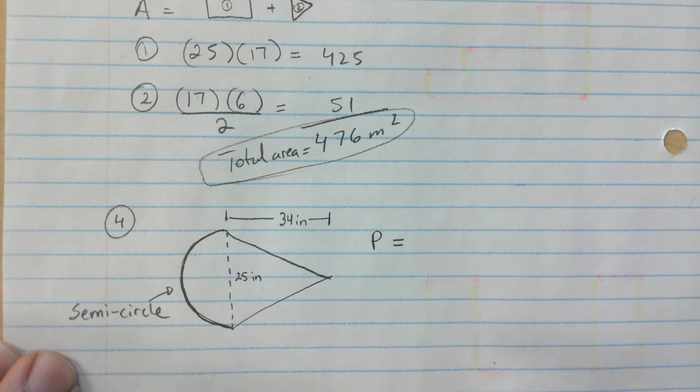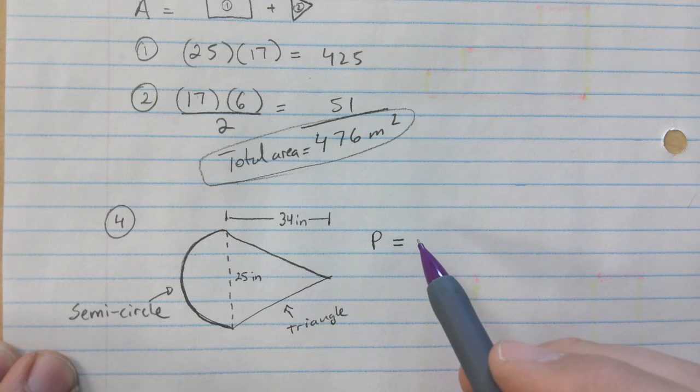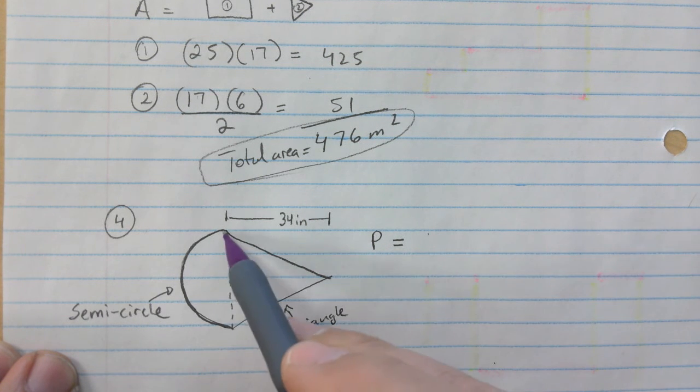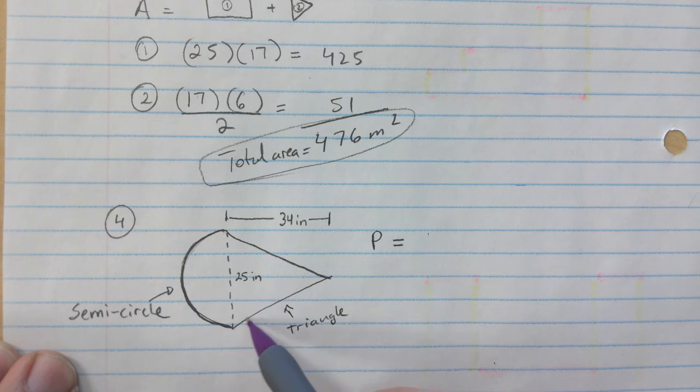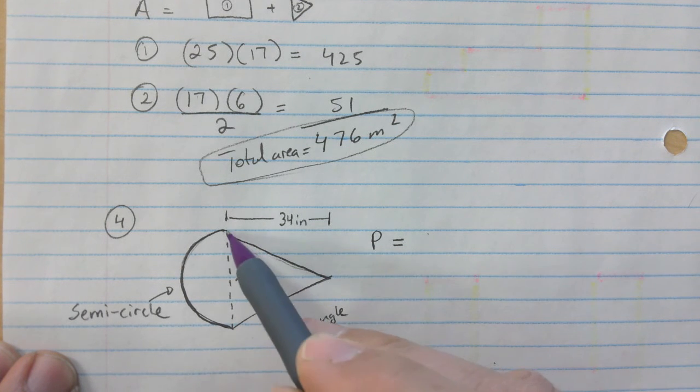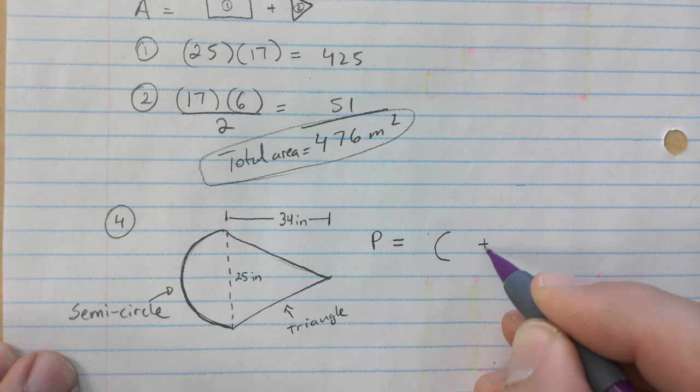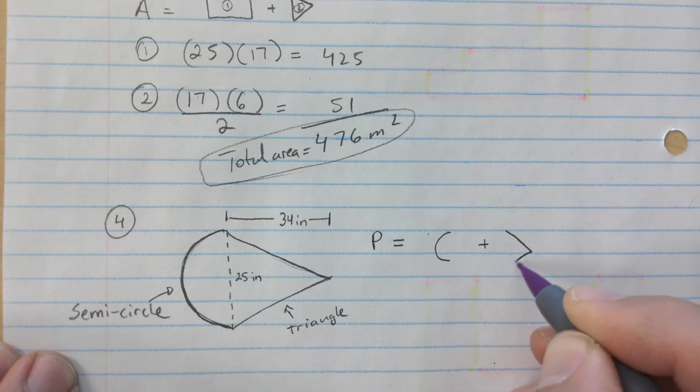It's a semicircle and a triangle, right? So how would you do the perimeter? Well, you will have to find this, and then we'll have to add this and this together. So we'll go this plus this, basically.